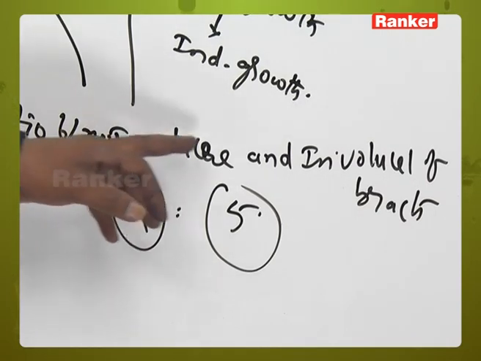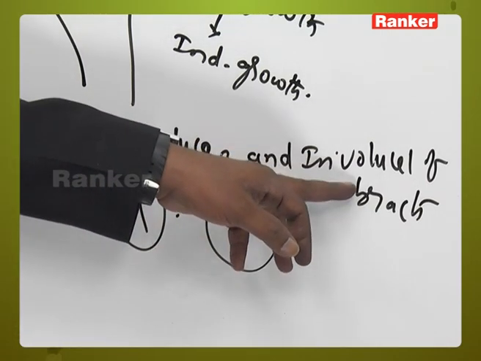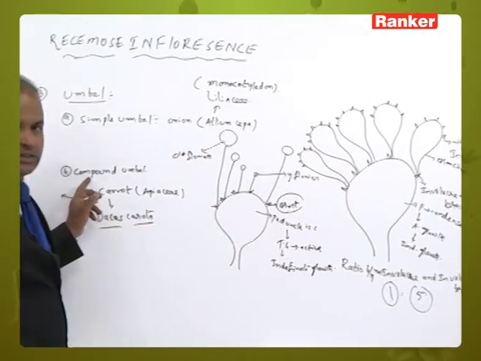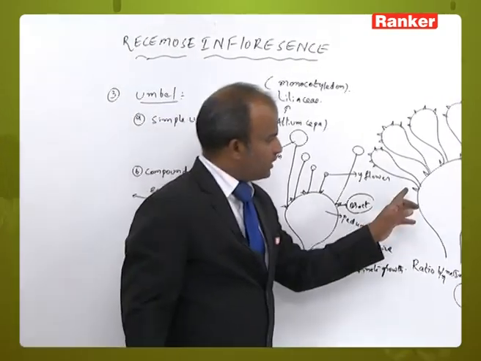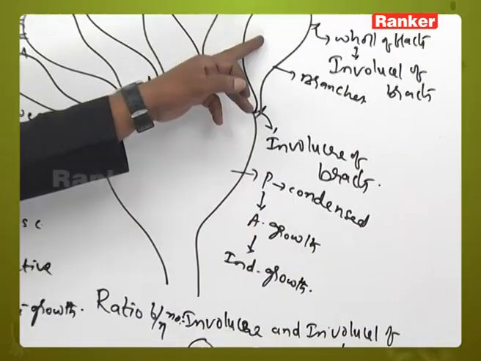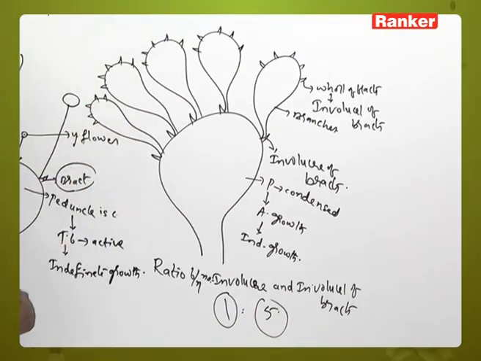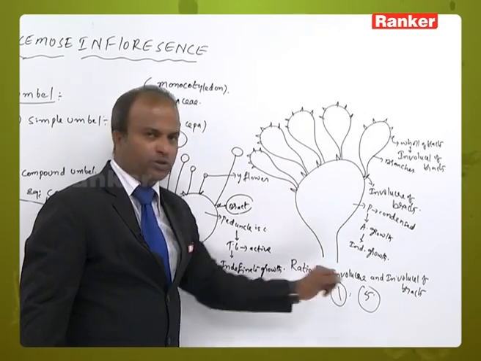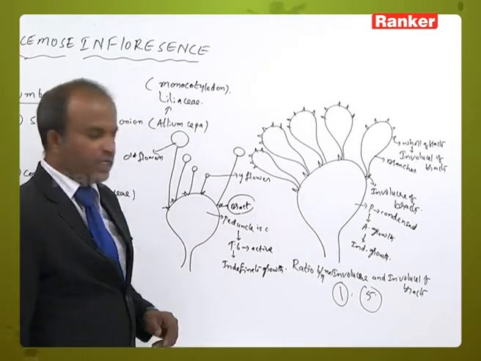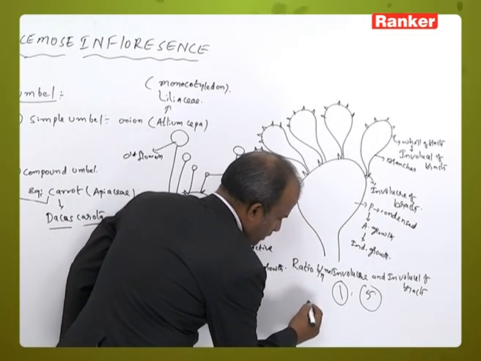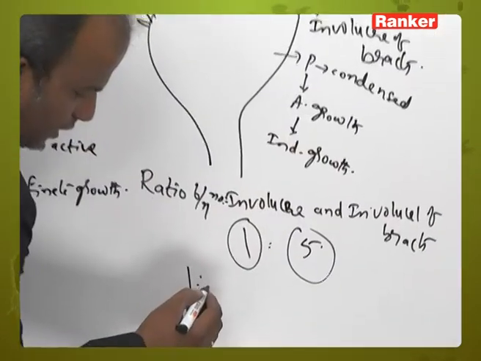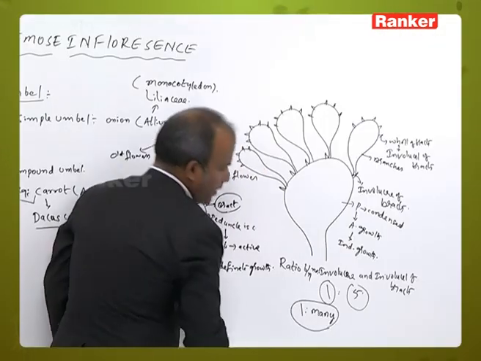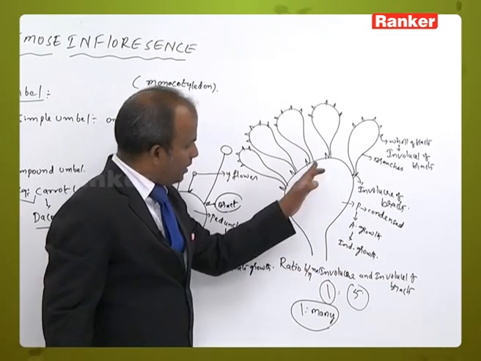The ratio between the number of involucres and involucels in a compound umbel is 1:5 in this diagram.